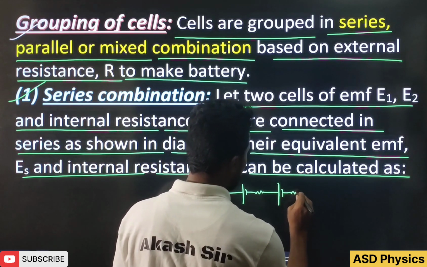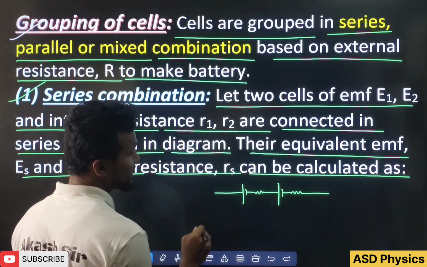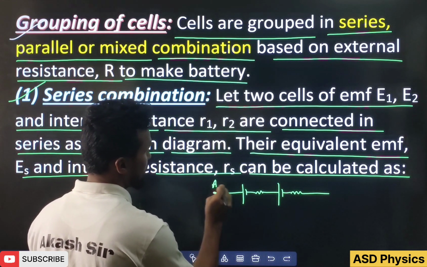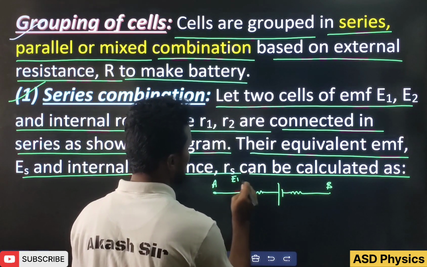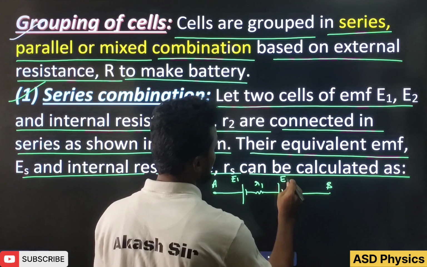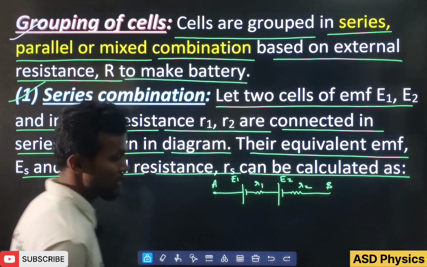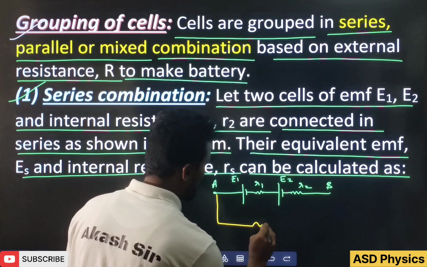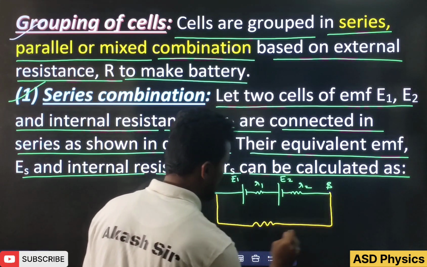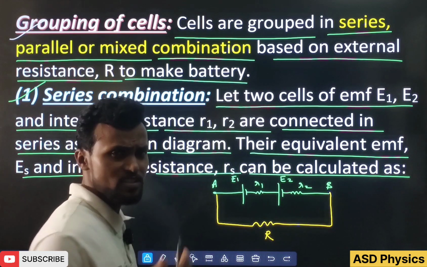After that, again I have taken one cell, and that is its internal resistance. This is the terminal A and B. Here you can see, this is E1, R1, this is E2 and this is R2. By default, remember, we always draw the discharging situation here, and this is the external resistance.